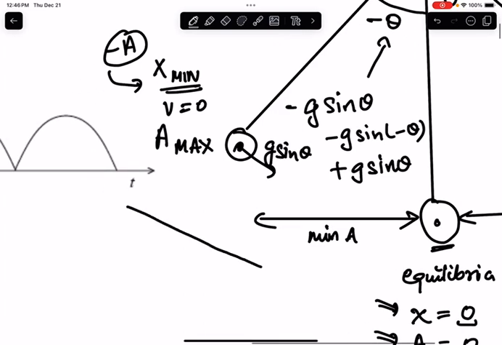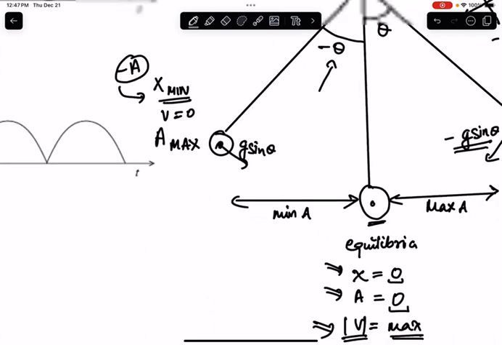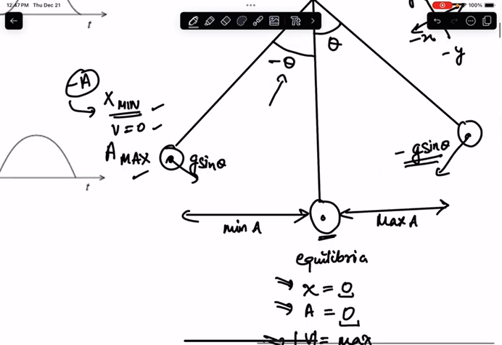And as we can see, the acceleration is acting in the positive x direction, so it's positive, right? And because of that, it becomes positive g sine of theta. Okay? So the value of x is minimum, the velocity becomes 0, and the acceleration is at the maximum.